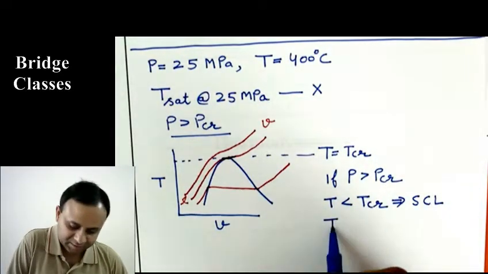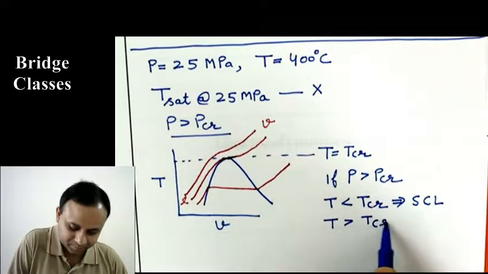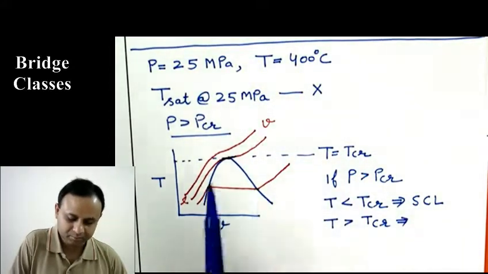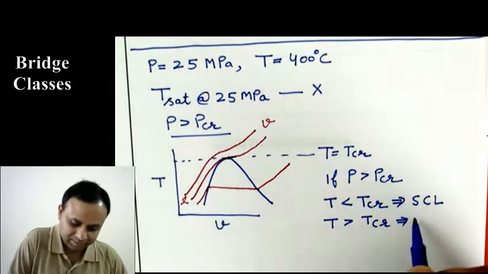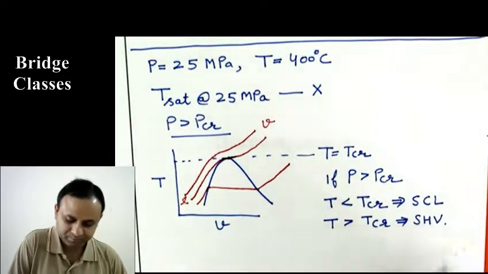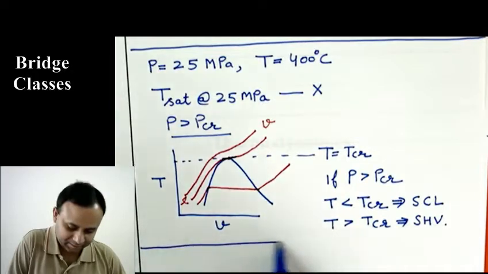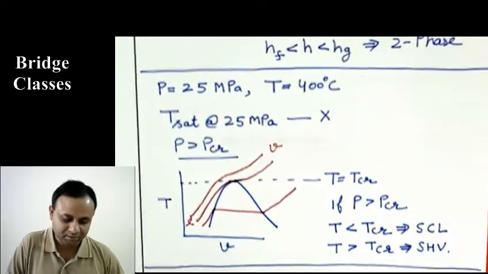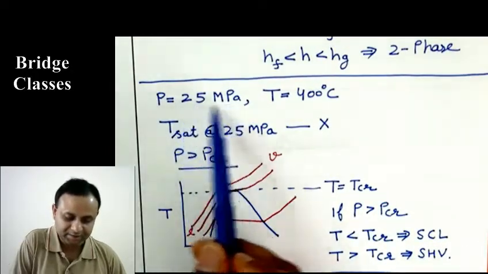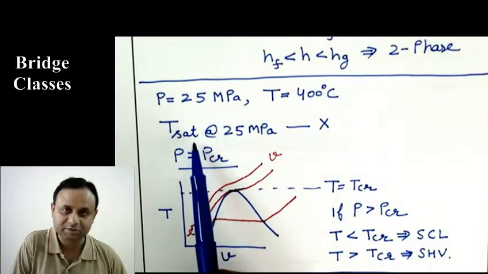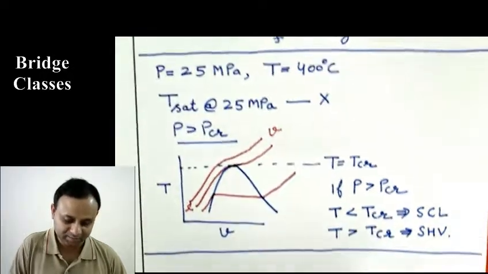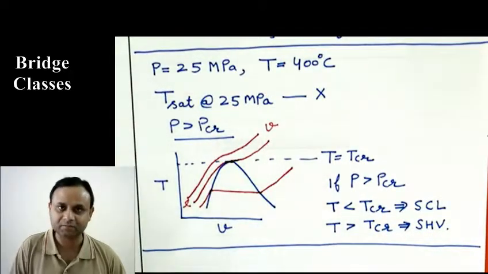And if temperature is above critical temperature, that means above this line, then it is superheated vapor. So that is another addition. This will be the situation if you are given a supercritical pressure. There is no data for saturation temperature in the table, but still we can use this understanding.